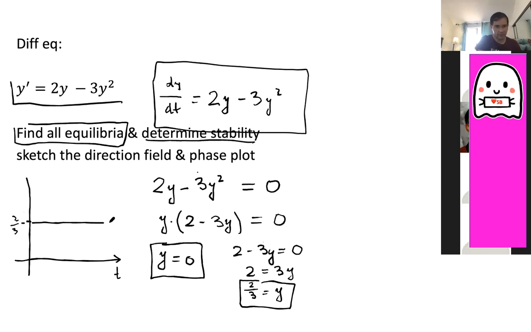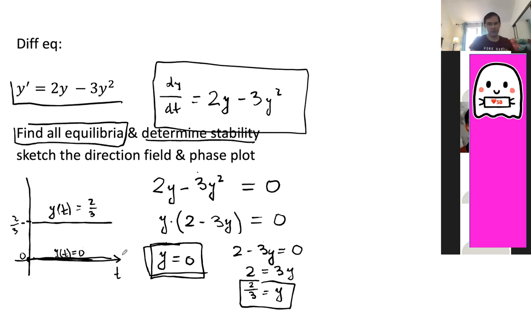That's the constant function y of t equals 2 over 3. And what is the other equilibrium solution? The other equilibrium solution is the constant function 0. So here's 0, and here's the constant function, which is the same as the t-axis, really. This is the other function, y of t equals 0. One equilibrium solution is 0, and another one is 2 over 3. But now let's try to classify those equilibrium solutions.